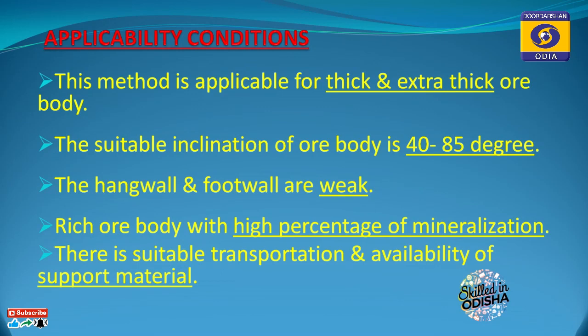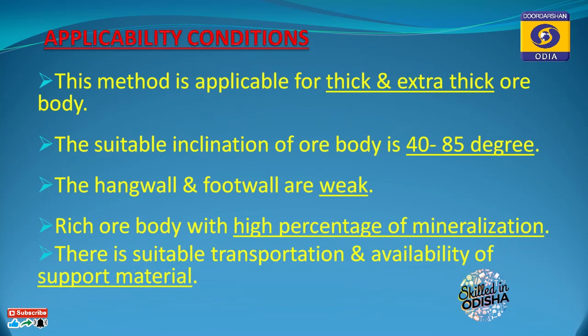Then the applicability conditions continue: rich ore body with high percentage of mineralization. Why rich ore body? Because we can only stope rich ore bodies and high grade ore bodies, because we are investing here in the square sets, and the square sets are a costly affair.